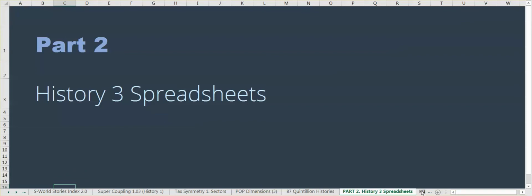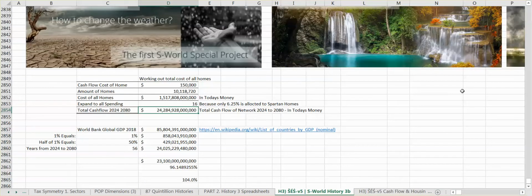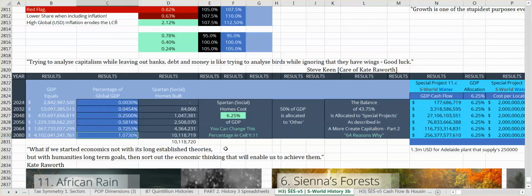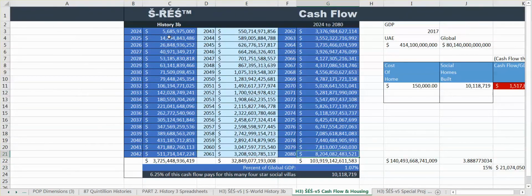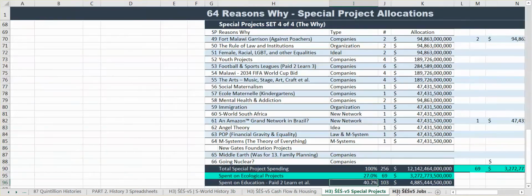Now we go to part 2, history free spreadsheets, the history that is currently being written about. This ends with 1% of GDP for Malawi in 2080. This is the cash flow made by that network each year going up to 2080.